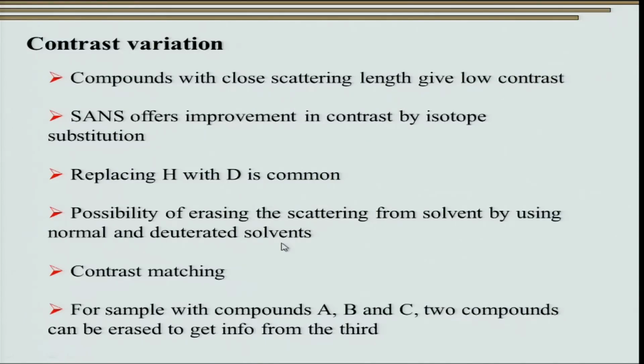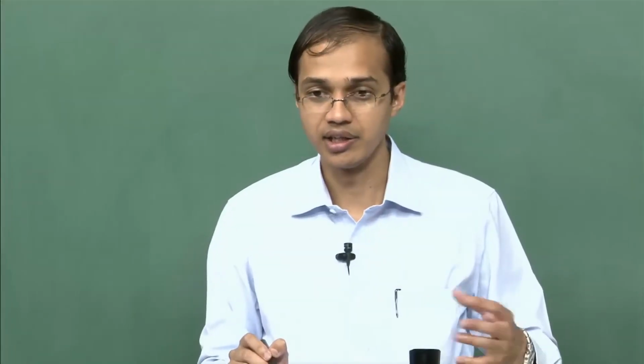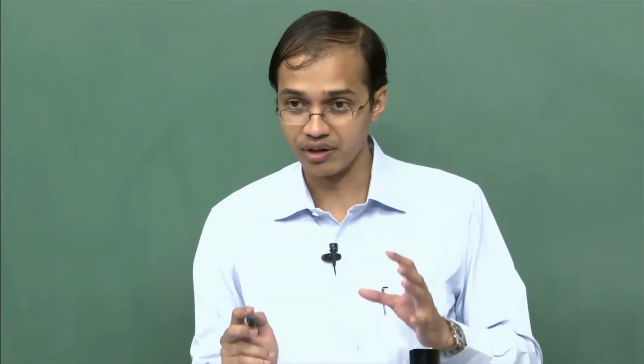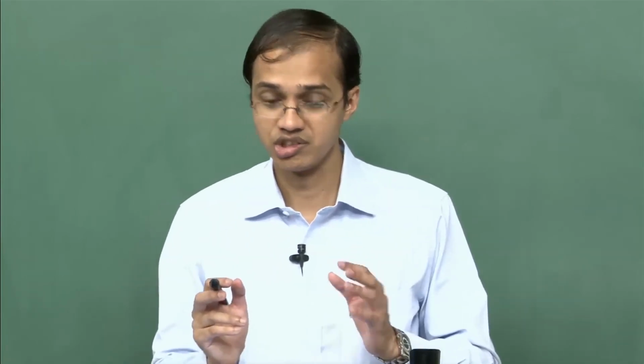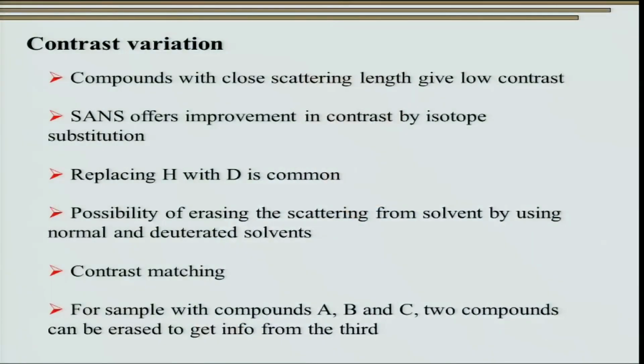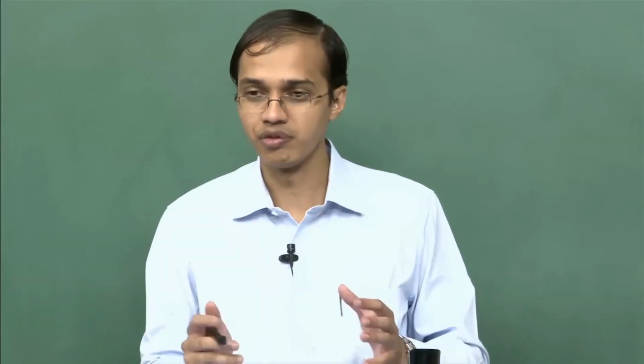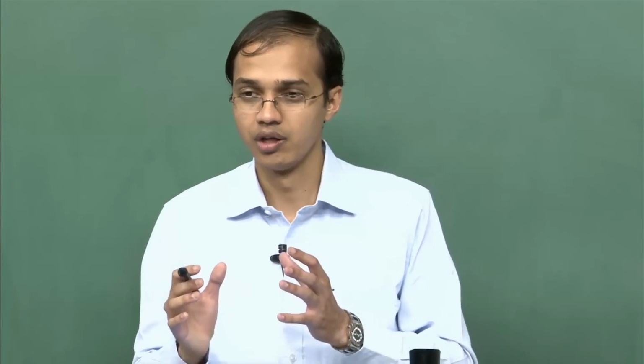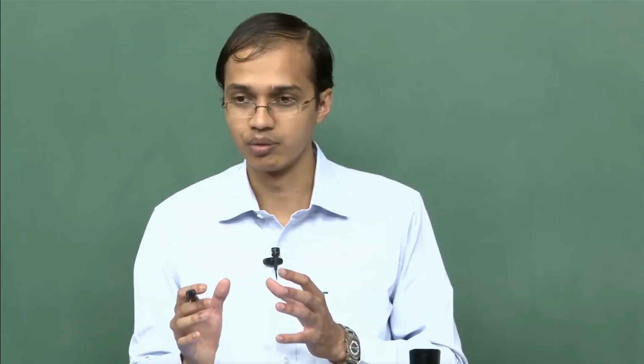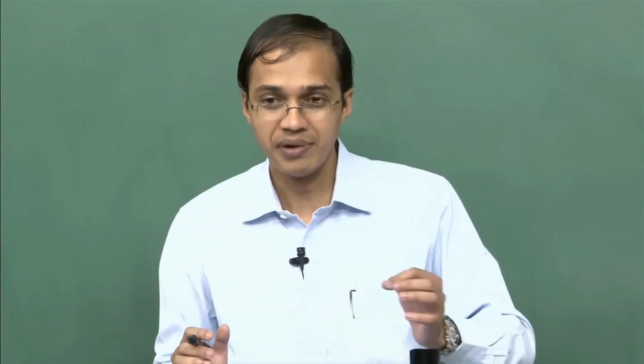This means you take a solvent which is normal, containing water, and in the other case you put heavy water and try to match how the contrast is changing. The whole idea is, if we have more than one type of particle or macromolecule, we can play with the elements.